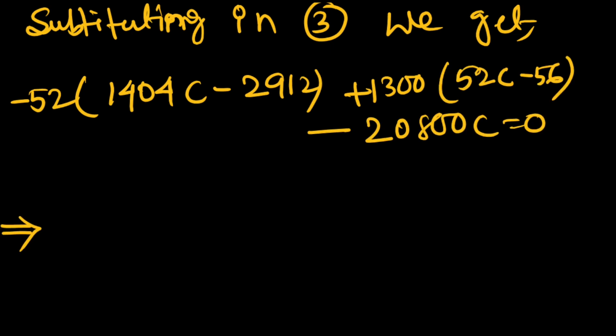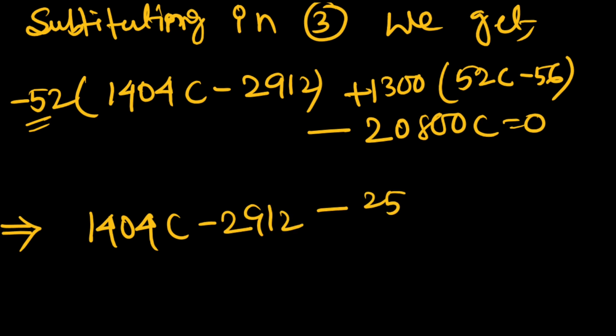This implies, dividing by minus 52 throughout, we get 1404c minus 2912 minus 25c plus 1400 minus 400c is equal to 0.